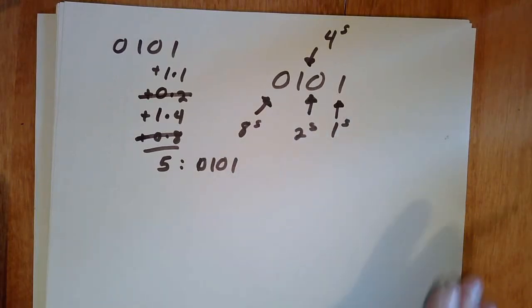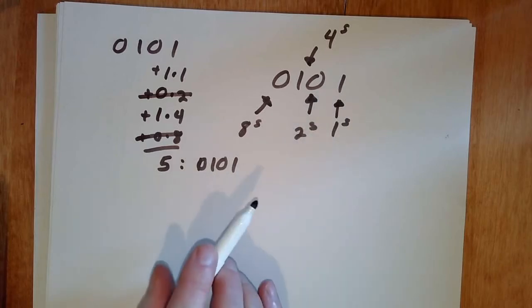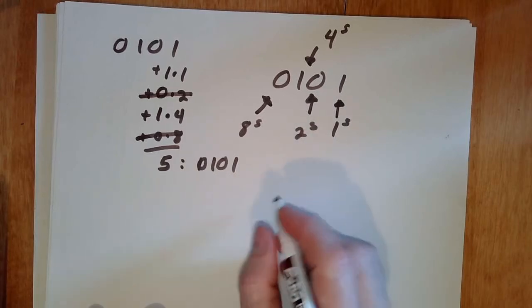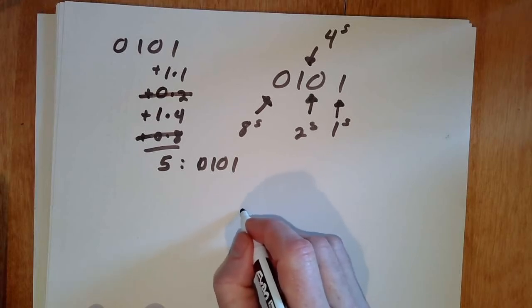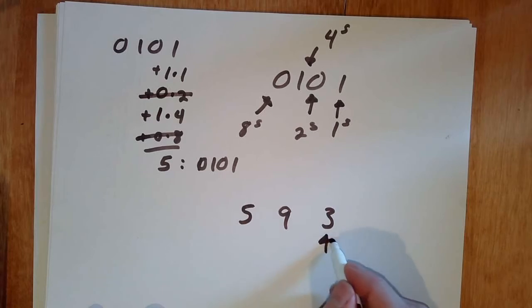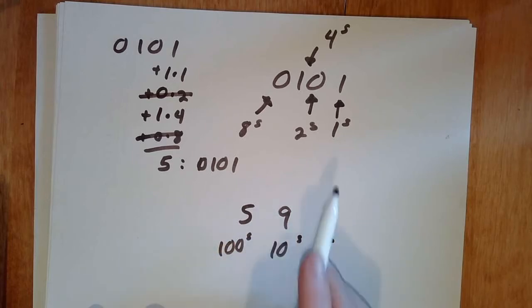Now, this same construct applies to any numeric system. So if you have a base 10 system, let's say we have 5, 9, 3. This is the ones place. This is the tens place. This is the hundreds place, right? So this is familiar. Binary is a little less familiar because we don't use it all the time.